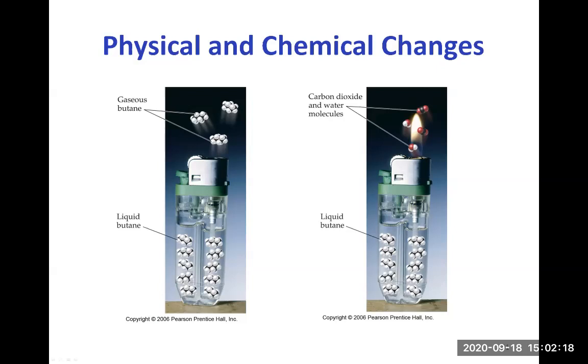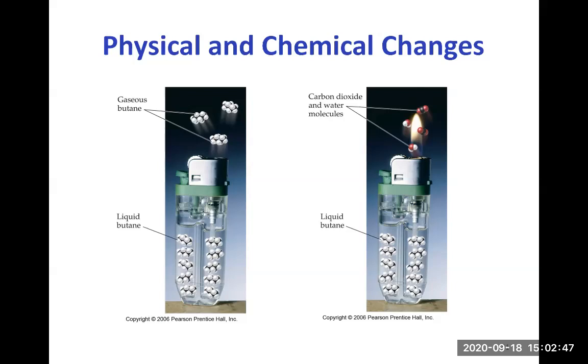So if you look at the picture on the left, if you open the valve by pushing down on the green lever, the butane can escape as a gas because it's very volatile. So you see those gaseous butane molecules escaping. And that represents a physical change, right? We have the same substance at the beginning and after.